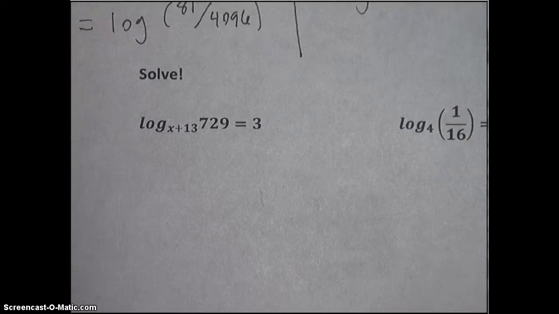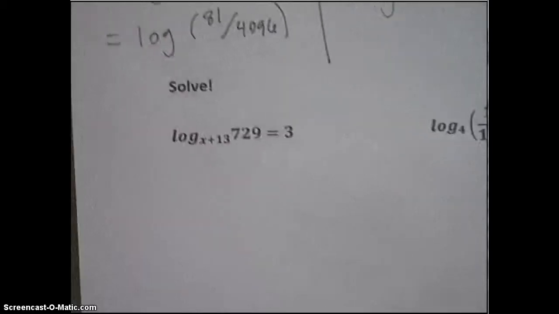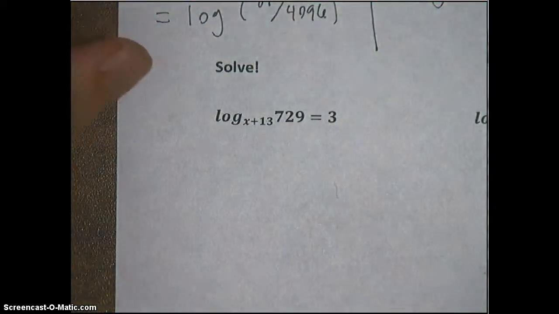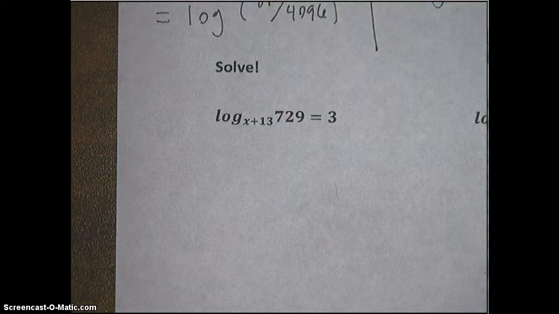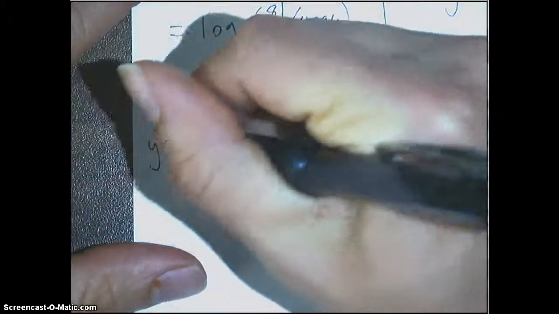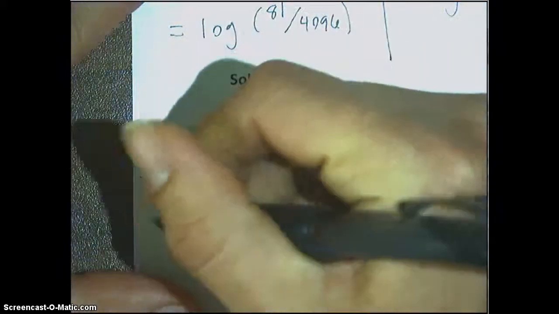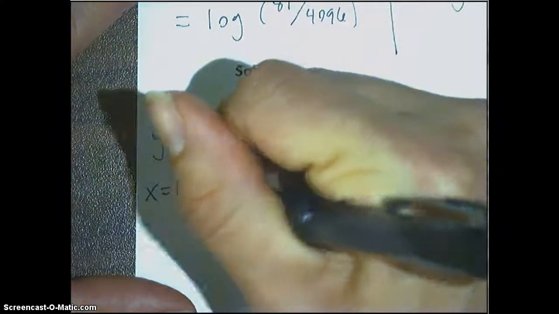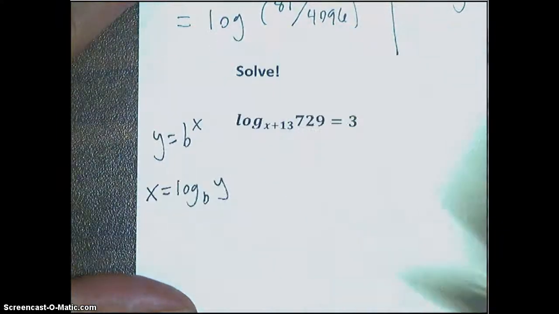So, on these guys, we've got log base x plus 13 of 729 equals 3. Now, it looks complicated, but I want you to remember your rules for how to switch between exponentials and logarithms. So remember that y equals b to the x and x equals log base b of y.